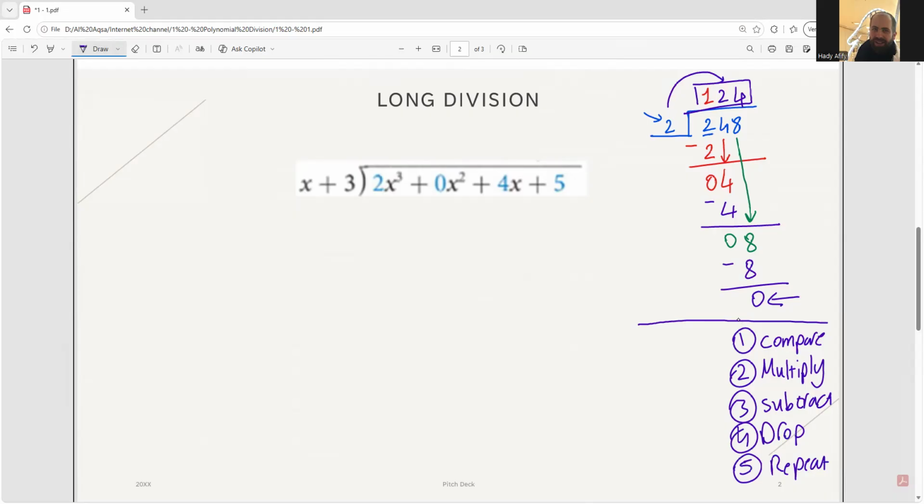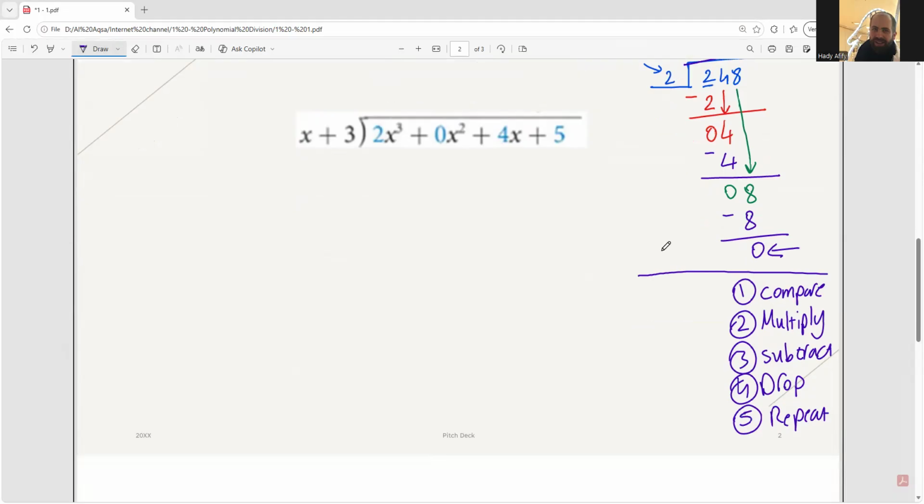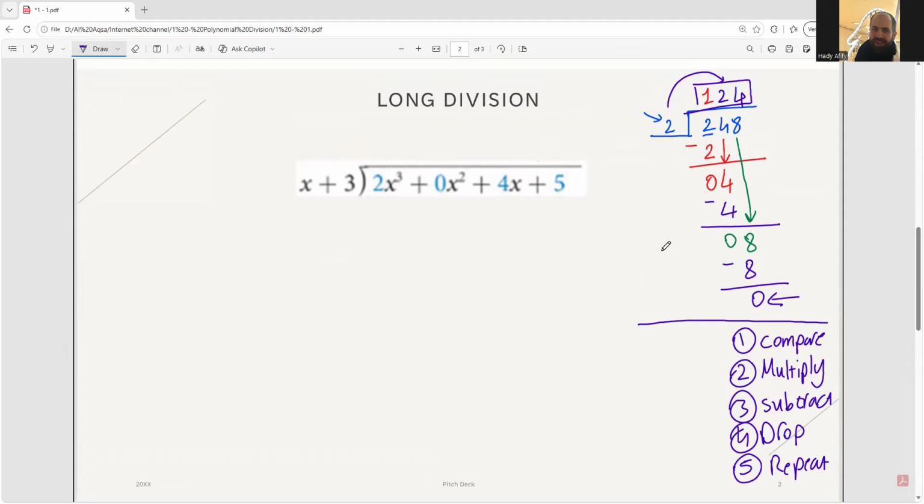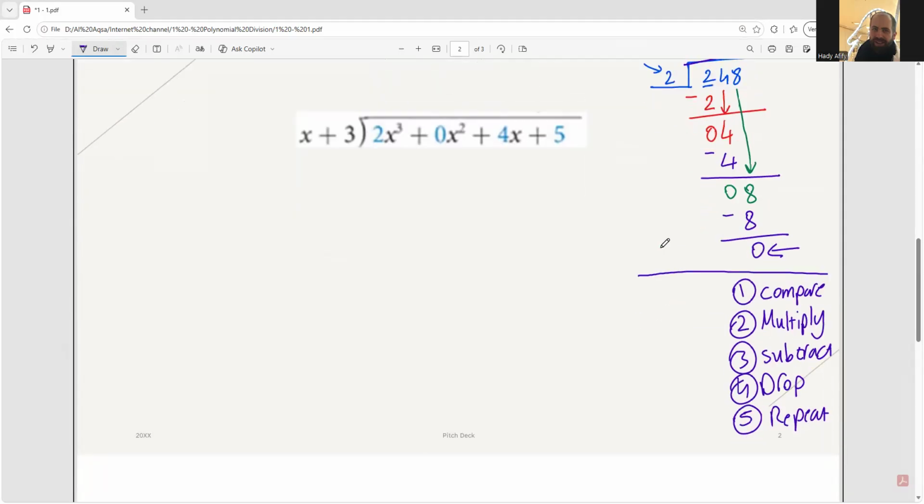This type of question I'm going to discuss in the future for problems related to long division only, not to polynomials.